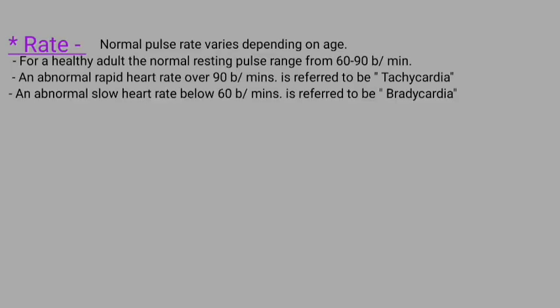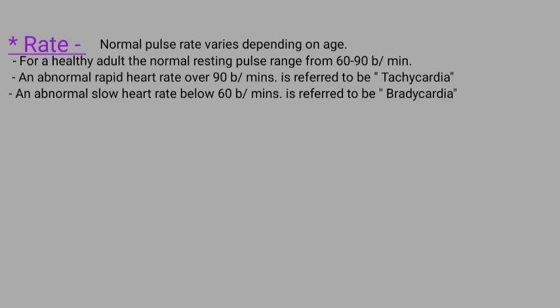Then discuss first, rate. Normal pulse rate varies depending on age. For a healthy adult, the normal resting pulse ranges from 60 to 90 beats per minute.